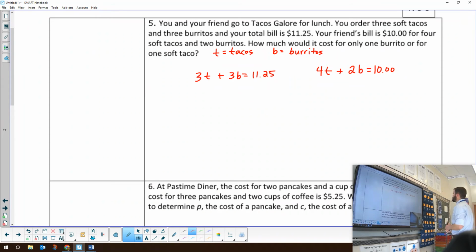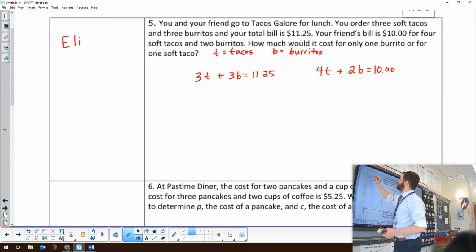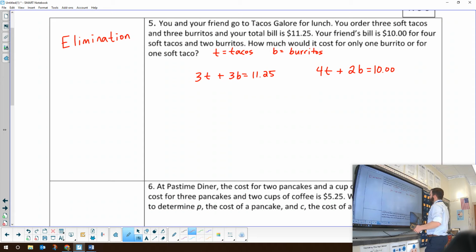All right, now guys, listening. Whenever I see equations like this, where it's not super easy to solve for one thing, I just want to use elimination. Elimination is so much easier whenever it's represented like this. So on this problem, I'm going to use elimination. And so to eliminate here, first, I'm going to have to match these up.